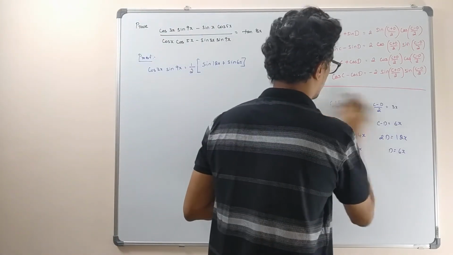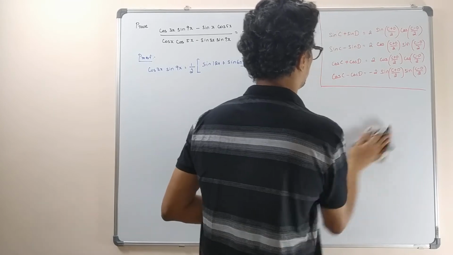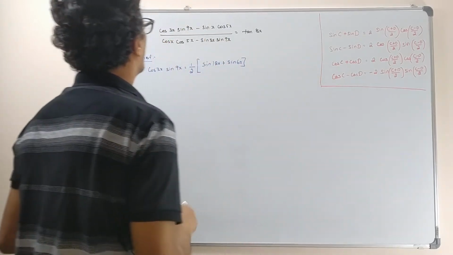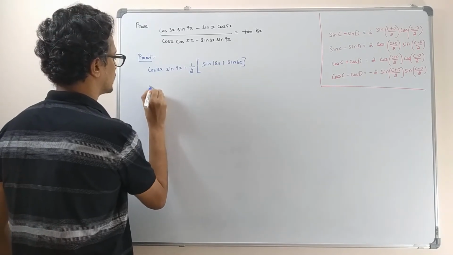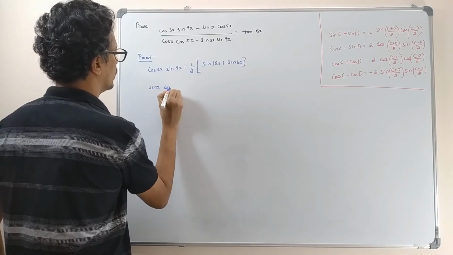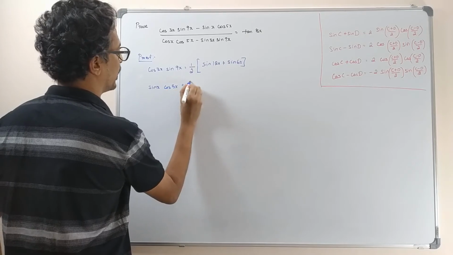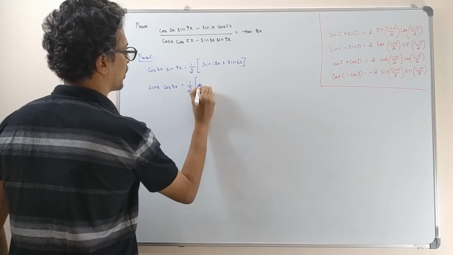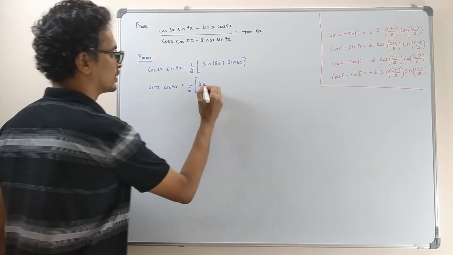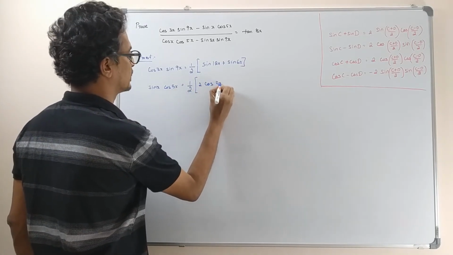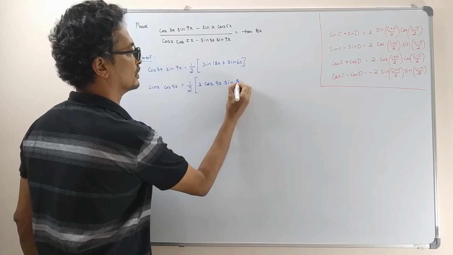So let us do the next term. What will be the next term? Okay, second term is sin x and cos 5x. Sin x cos 5x. The same way, we will write as half multiplied by 2. First we will write the bigger one, that is cos 5x sin x.